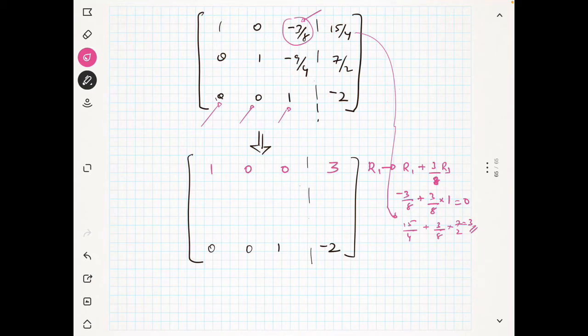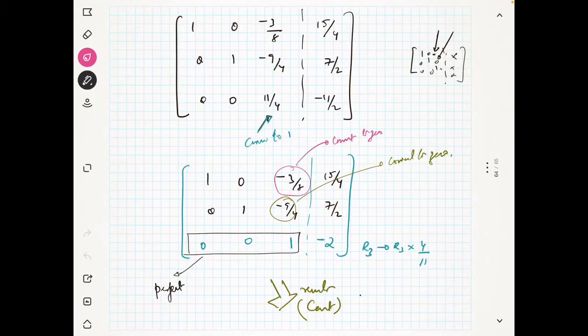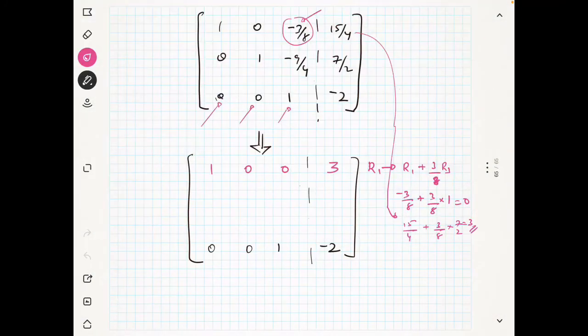Now I want to make this minus 9 by 4 into 0, so I will use row 3 again. So row 2 will be changed as row 2 plus 9 by 4 into row 3.